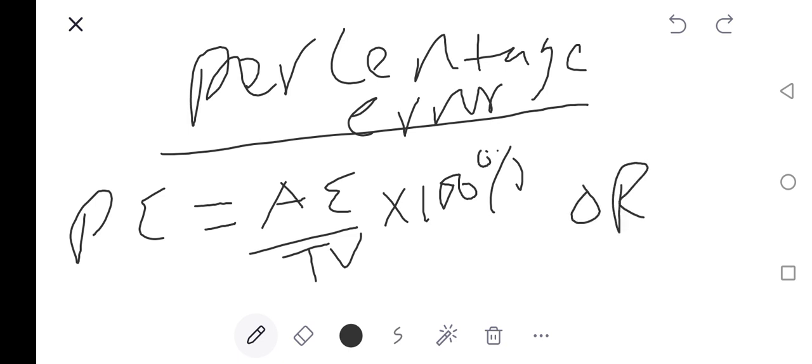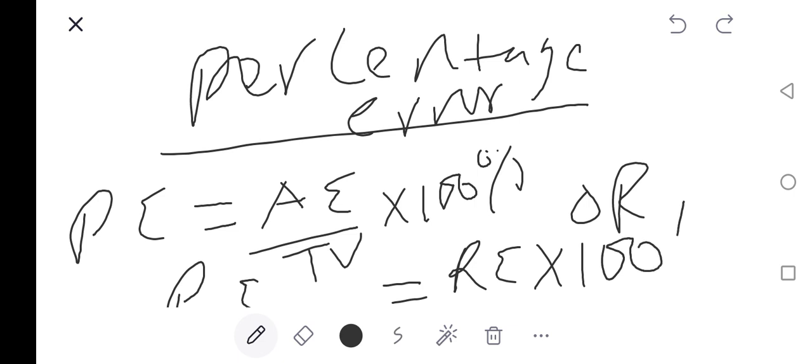Or percentage error is equals to relative error times 100%. So you can use any. Percentage error is equals to absolute error over true value times 100%, or relative error times 100%. Very straightforward. Did you get that?